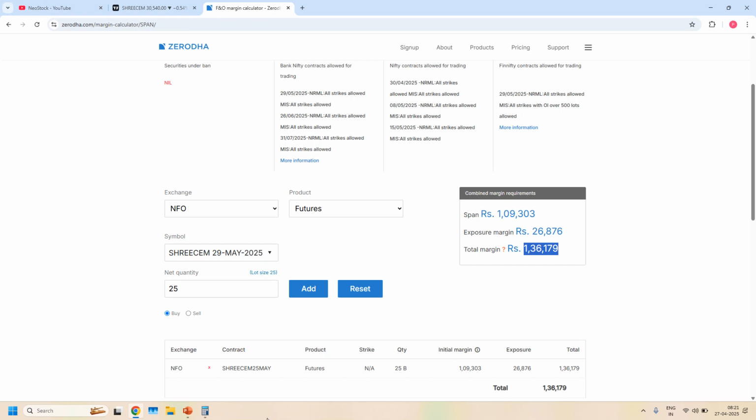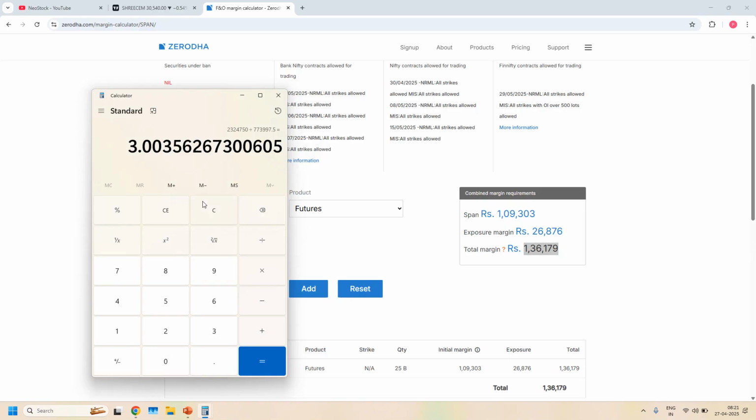But if you are buying in equity without any margin, your broker will take that 7 lakh rupees, whatever we did in the calculation: 7 lakh 73,997 rupees, rounded to 7 lakh 74,000 rupees. Of course, he will also charge additional taxes, security transaction charges and brokerage charges. But in F&O, another advantage is that the brokerage charges are less.